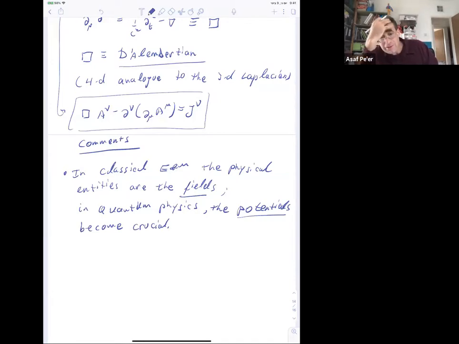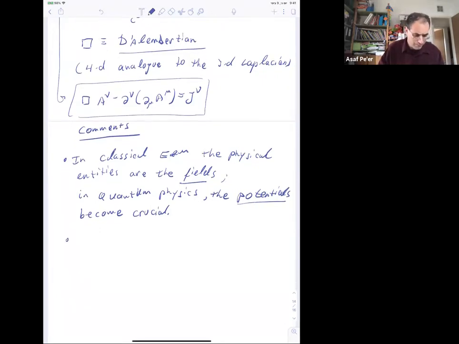Another advantage of this formalism using the potentials is that the homogeneous Maxwell's equations are automatically taken care of. They follow immediately for any potentials, phi and A, that satisfy the requirements we have.